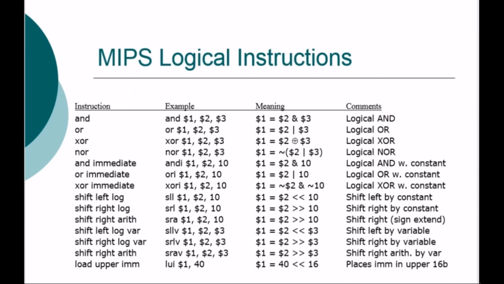So these are not really MIPS instructions. You can use branch less than or equal, branch greater or equal, where two registers will be compared and we will jump to a specific label.